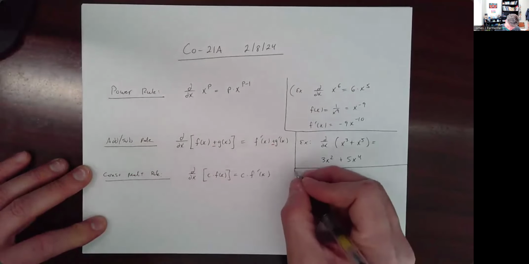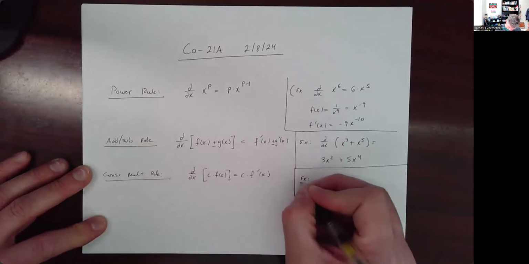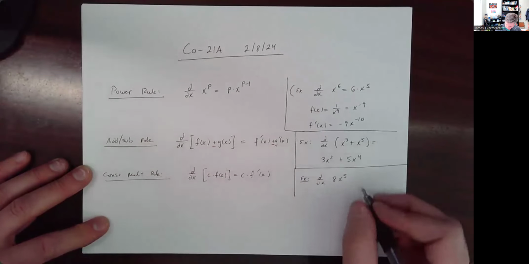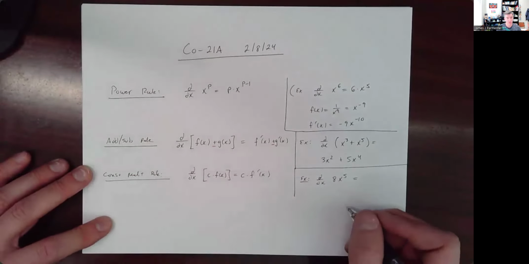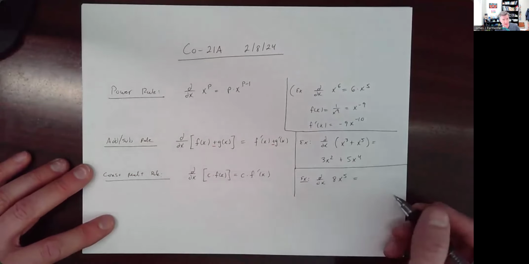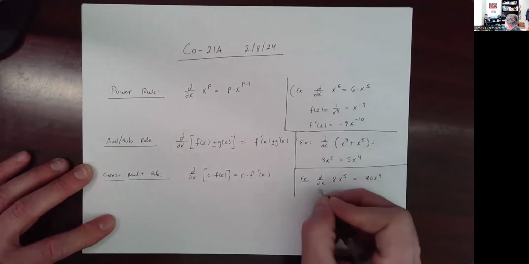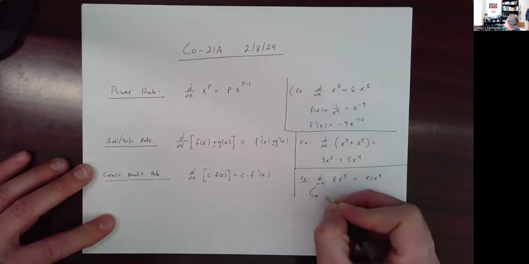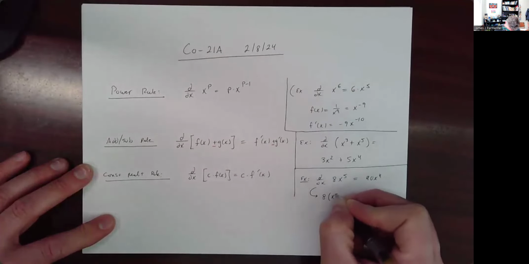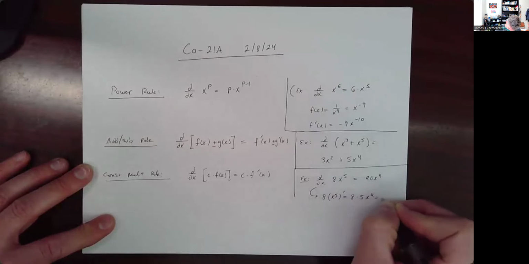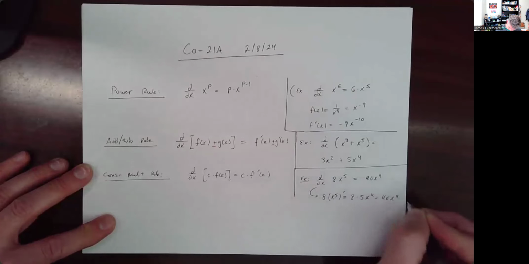An example of this might be the derivative of 8x to the 5th. What we often do is just say, oh, it's 8 times 5, which is 40, times x to the 4th. But the step that we're taking there is that we're really thinking of this as 8 times the derivative of x to the 5th, which is 8 times 5x to the 4th, which is 40x to the 4th.